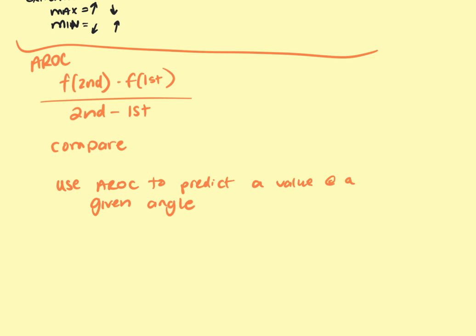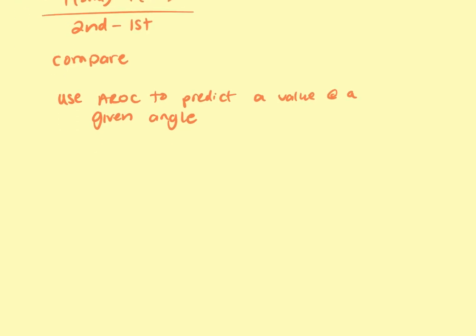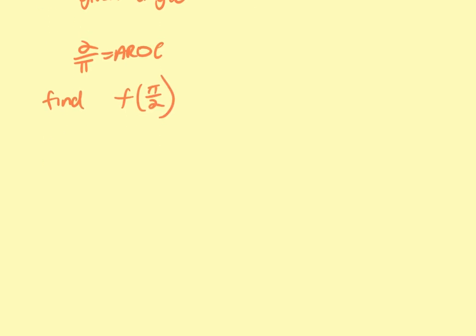So whatever your rate of change is, let's say I got 2 angles, and my rate of change was 2 over pi. And then it says find or use to predict f of pi over 2, for example. Then I'm going to take one of the values that are there, the one it's closest to.